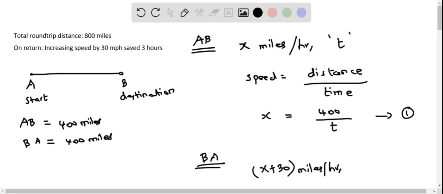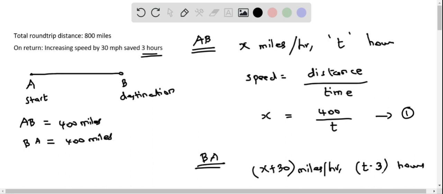And also given that you saved about 3 hours, which means if the time taken for the trip AB was T hours, this is in hours, so it should be T minus 3 because we saved about 3 hours. So this is T minus 3 hours.